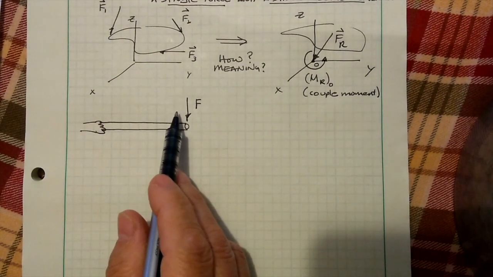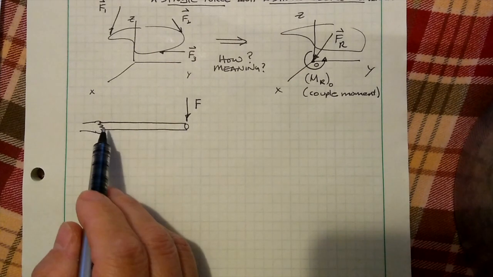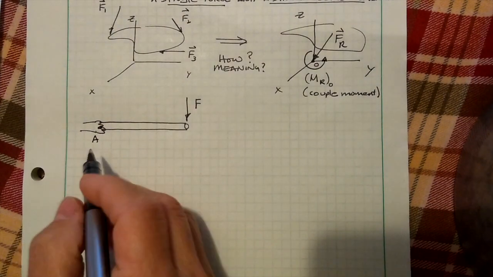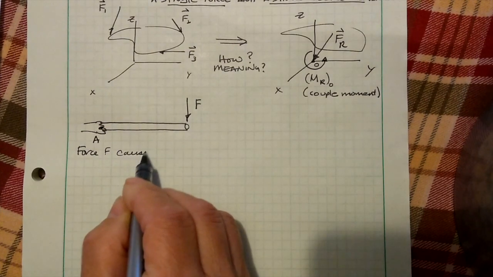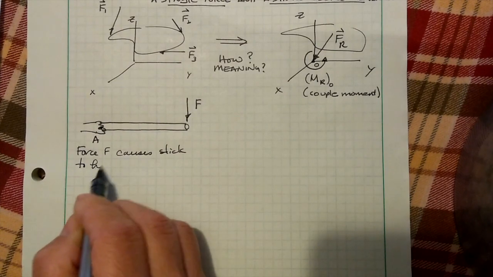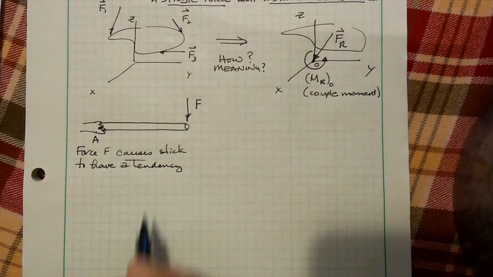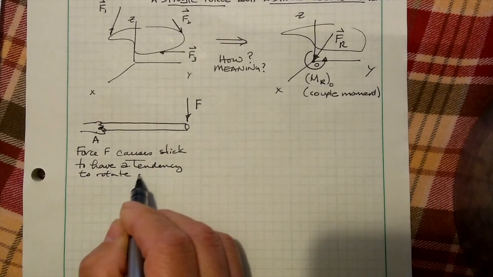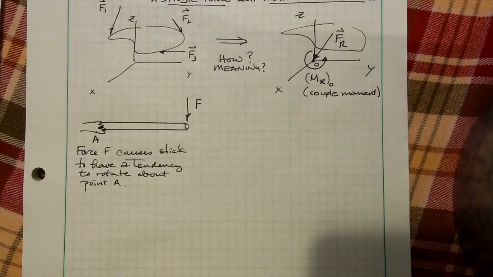So we know that this force causes the stick to have a tendency to rotate about, let's call this point A. So force F causes the stick to have a tendency to rotate about point A.